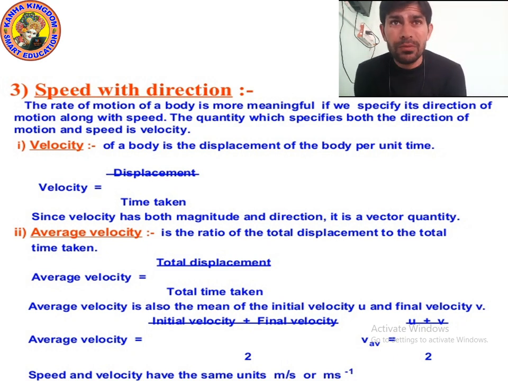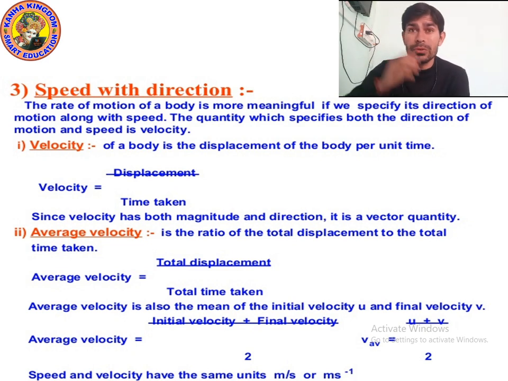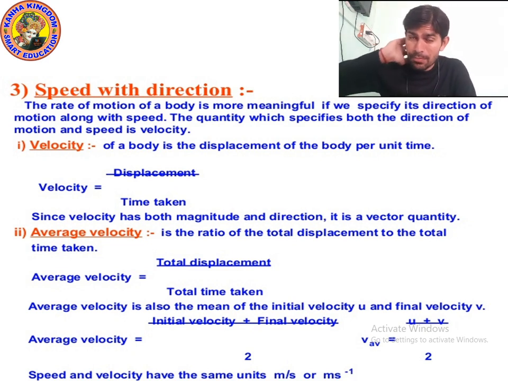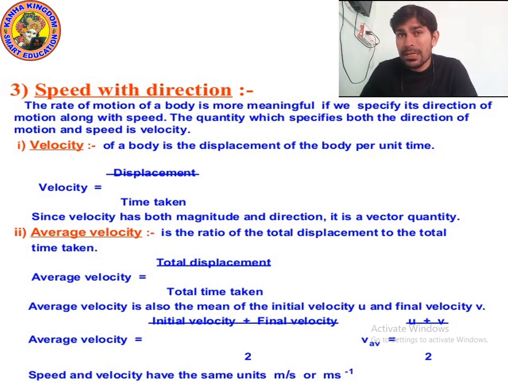Displacement of the body per unit time means displacement is happening, because displacement has direction. When displacement is changing, it is velocity, or you can say rate of change in velocity. If the speed changes with time, then it is velocity. Since velocity has both magnitude and direction, it is a vector quantity.